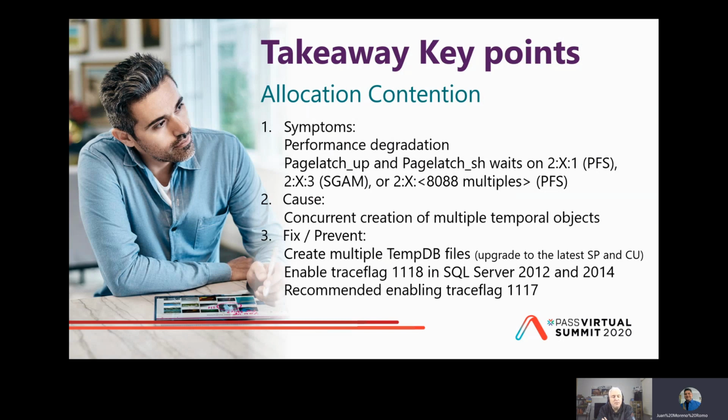I think the most important thing right now for customers using 2017 or 2019 on-premises, or SQL Azure, for example managed instance, is to create the multiple tempdb files. It's very important.